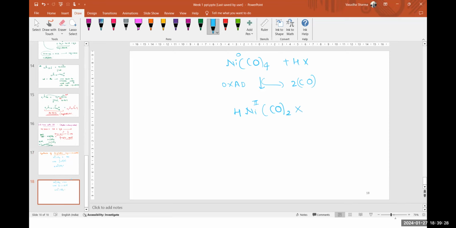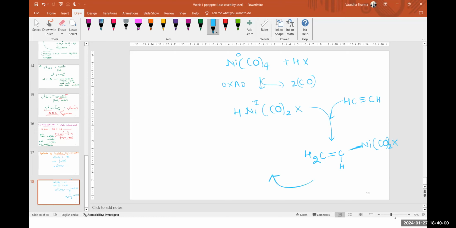The HX bond is split, and now when we introduce the acetylene over here, HC triple bond CH, this H, which is a hydride, will go and tag onto the carbon group. So it will go as H2C double bond CH and nickel COX.